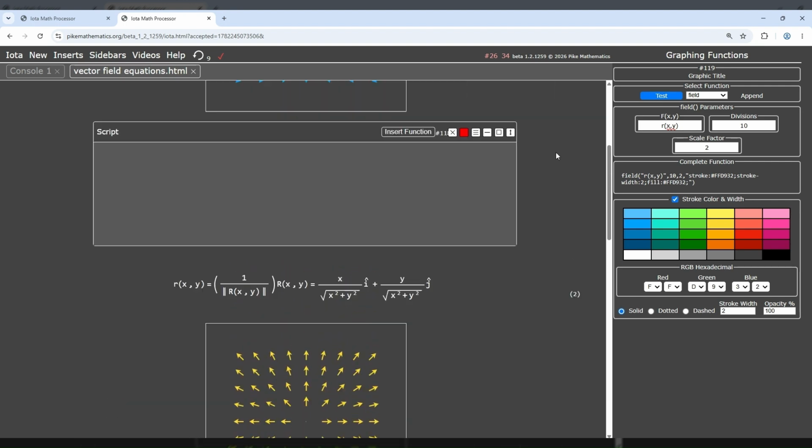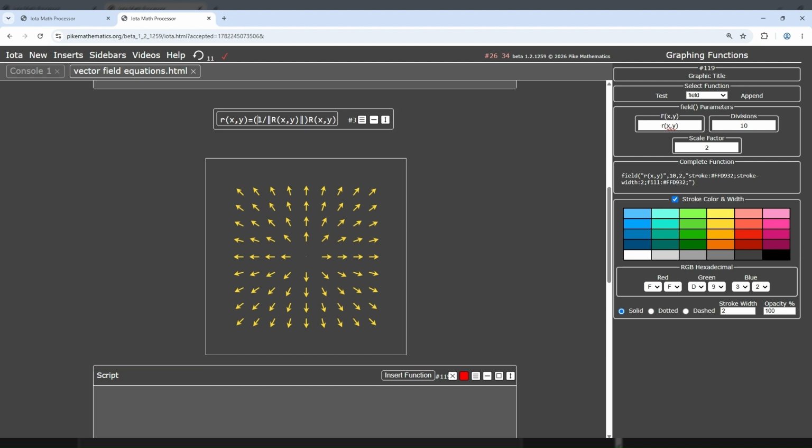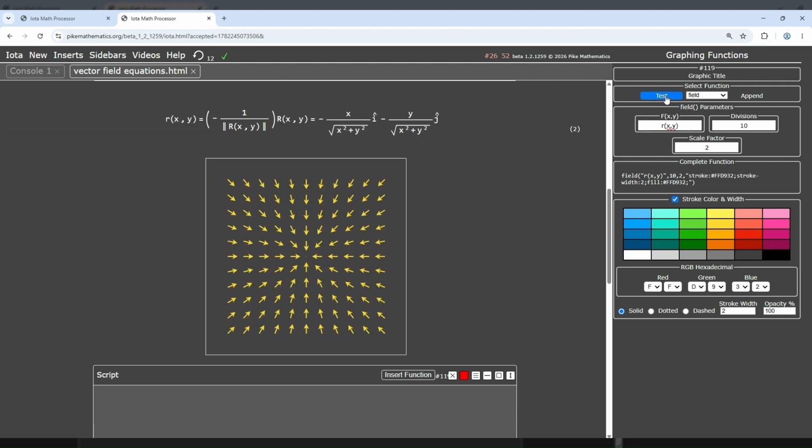There we go. So similar to the above graphic, but now each vector only has a unit length of 1. Well, what would happen if I changed the sign here? Again, I have to hit refresh and regraph it. Aha. So now we've changed the direction of those vectors. Now they're pointing directly at the origin.